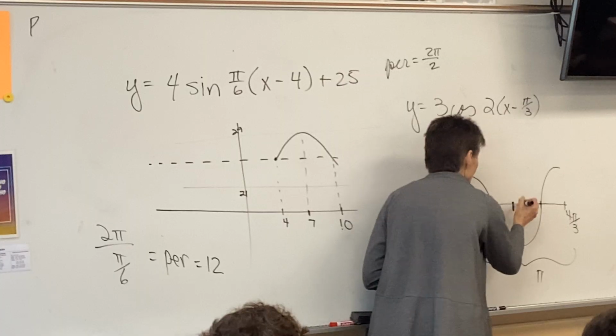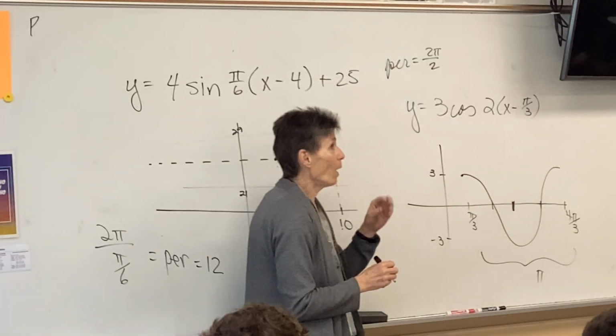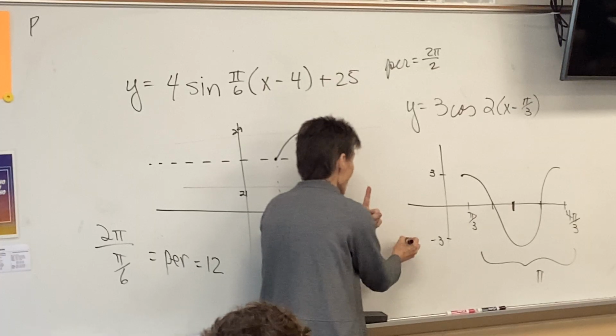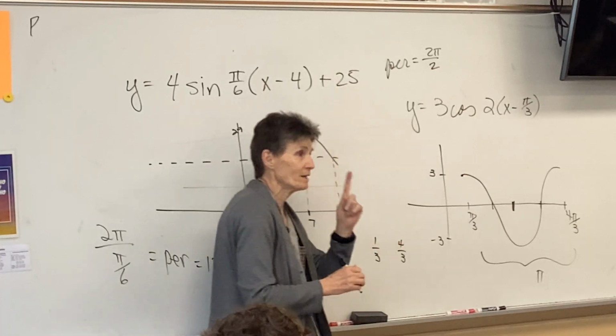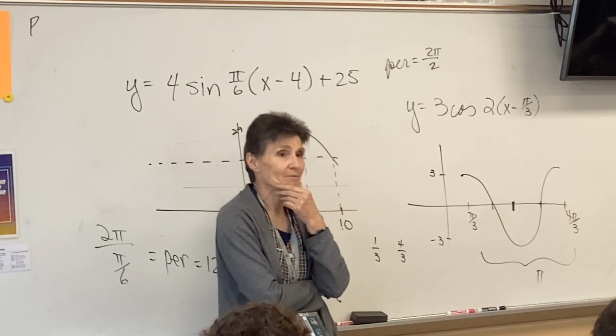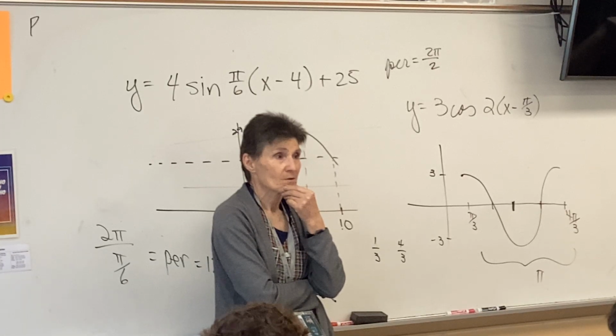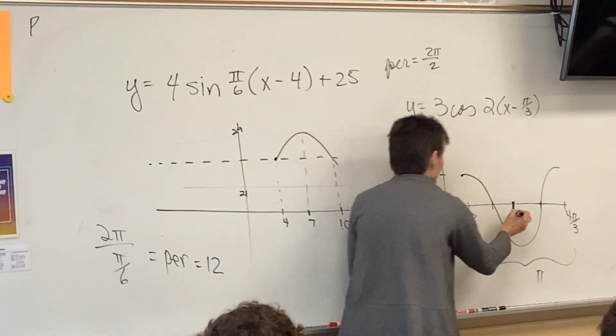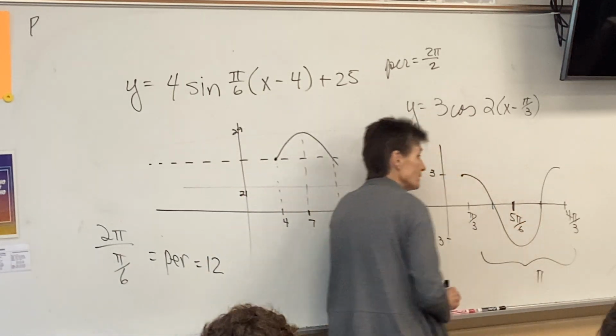This one right here in the middle, what is in the middle of 1/3 and 4/3? What is right smack dab in the middle of 1/3 and 4/3? 5/6. Very good, Leo.